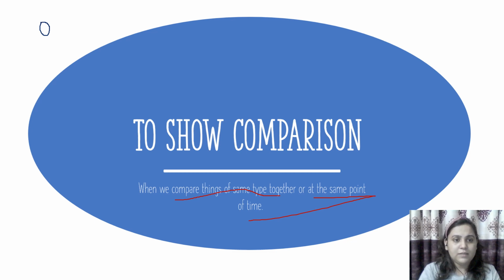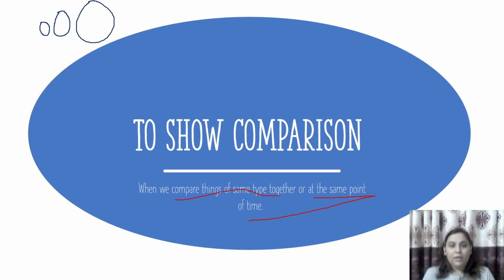Suppose this is a ball, this is also a ball, and this one is also a ball. If you look at all the three balls, one is small or a bit smaller, the second one is okay, and the third one is a bit bigger in size.